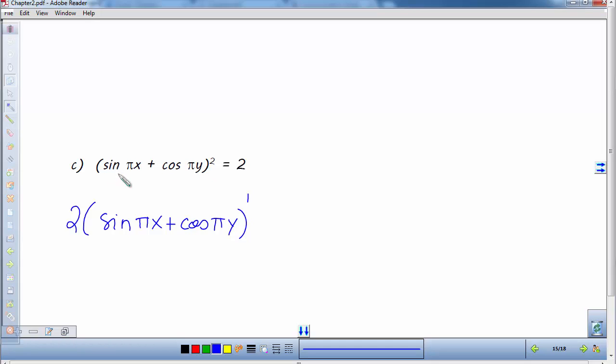So the derivative of sine is cosine pi x, and then the derivative of pi x is pi.